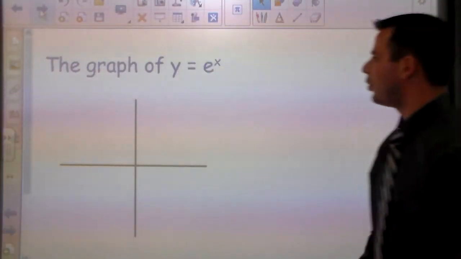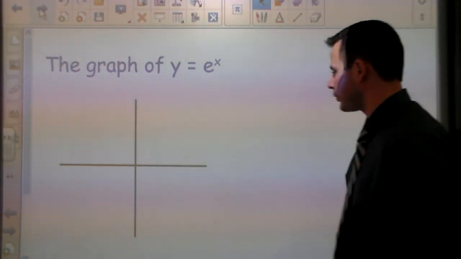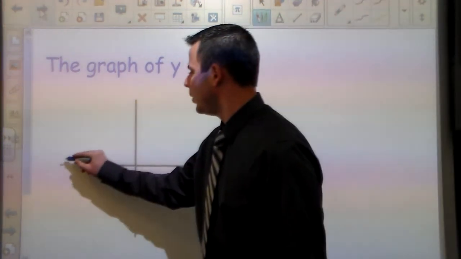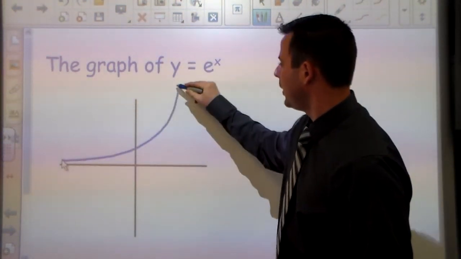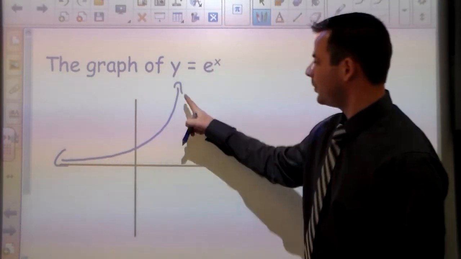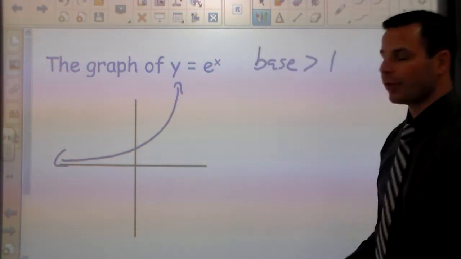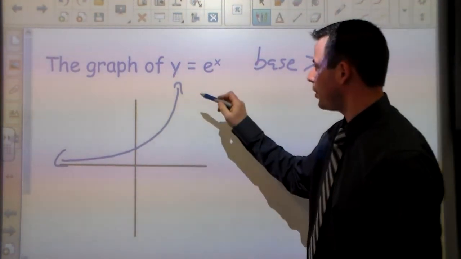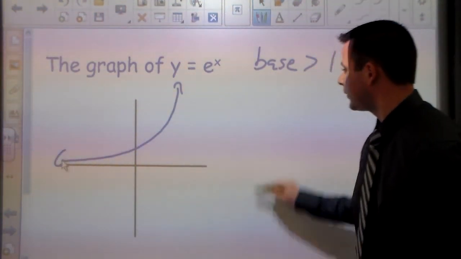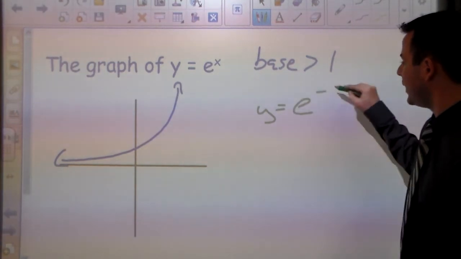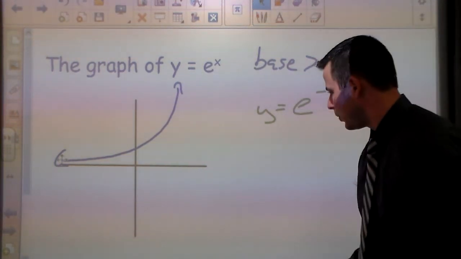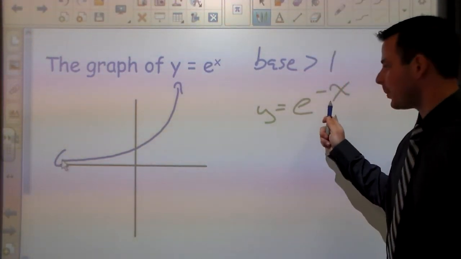So here's the graph of y equals e to the x power. Just remember how we can determine which is exponential growth and exponential decay. This is exponential growth because the base is larger than 1. However, if I made this y equals e to the negative x, then the x value is becoming the opposite sign.